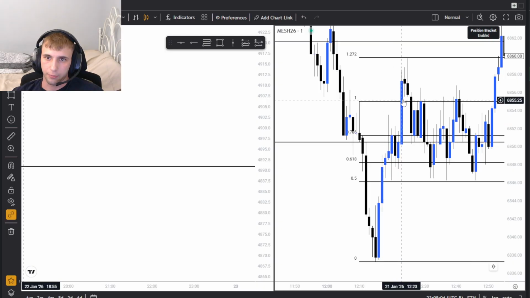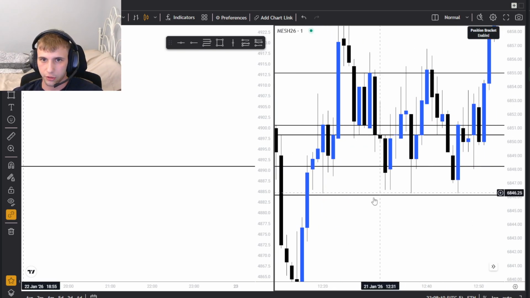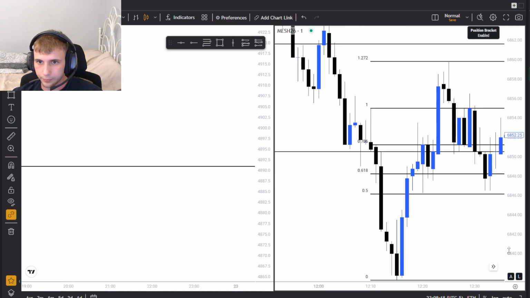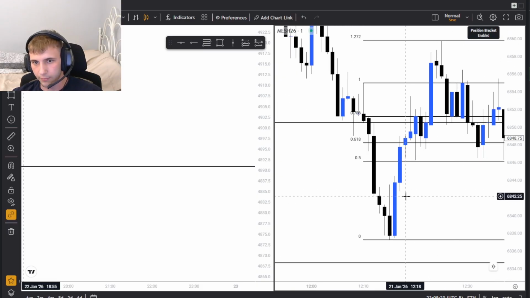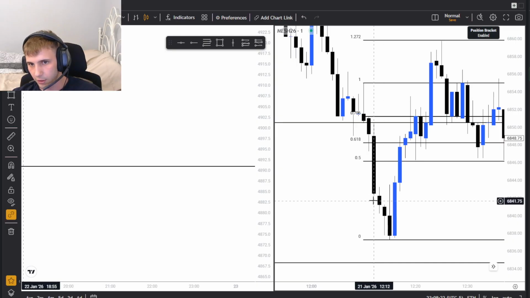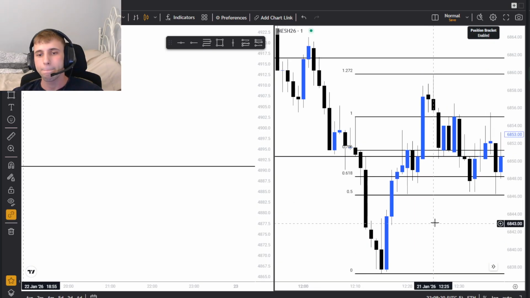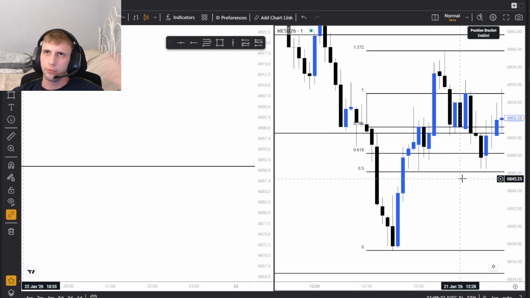Well, instead of waiting for price to come all the way up here and close all the way above this wick for it to be considered a break of structure, if it closes above this 0.86 level, like it did right here, this is also considered a break of structure. Obviously, just because we closed above this fair value gap, that also means it's a change in order flow, a break of structure.